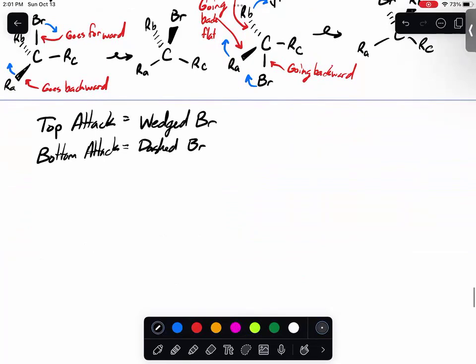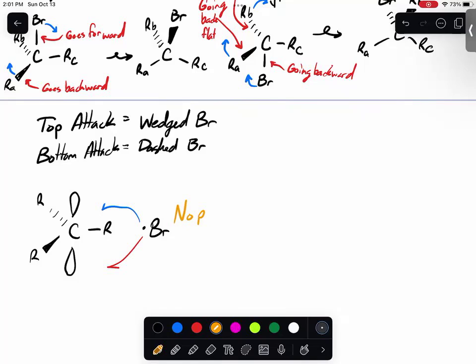Because if this thing is flat, and the p orbital just has the radical in it, and it's not really preferring anything, essentially the bromine can go for the top side, or it can go for the bottom side, and there is no preference. All right? So it's a 50-50 shot at what it's going to form.